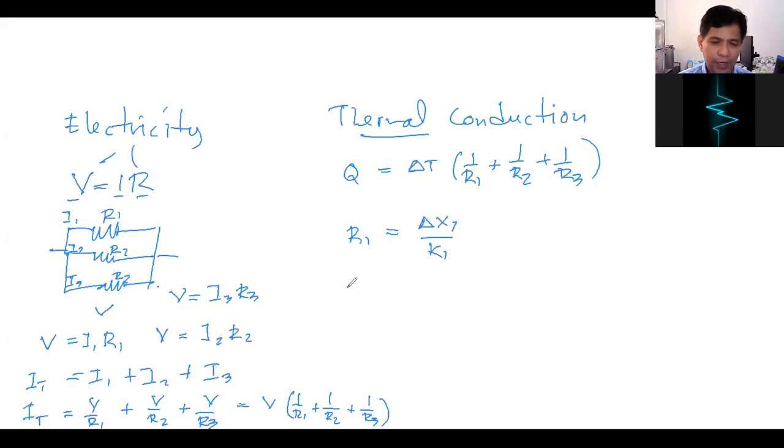Galing pa rin yan doon sa Fourier law of thermal conduction. Okay. So I hope you get the justification of this equation for parallel thermal conduction.